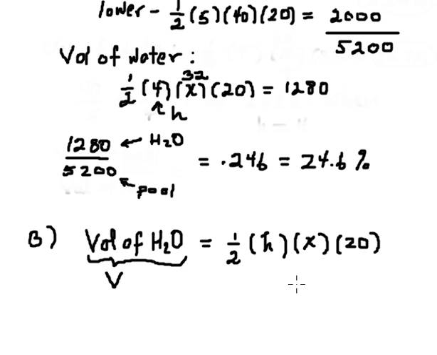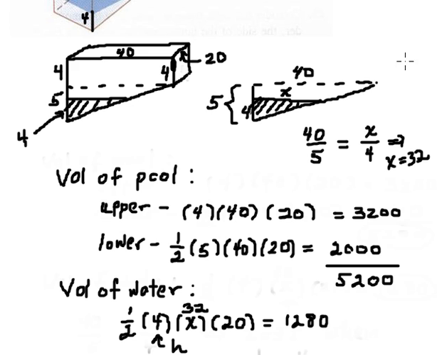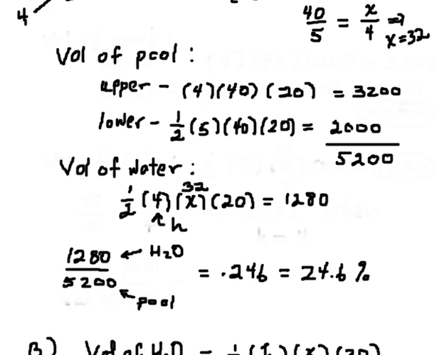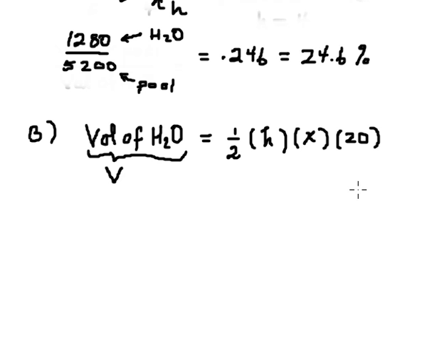Well, the same thing we did before, when h was 4, we used these two similar triangles. Let's just draw those same similar triangles, but now let's substitute in a general height of water, height h.